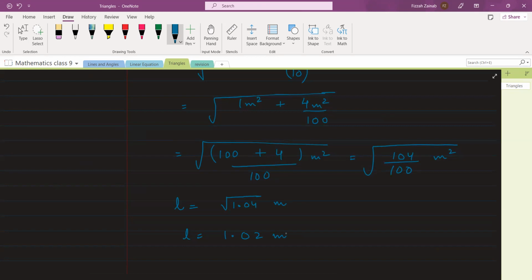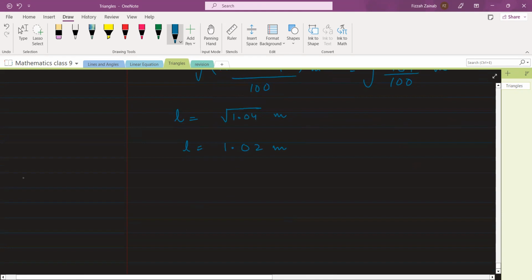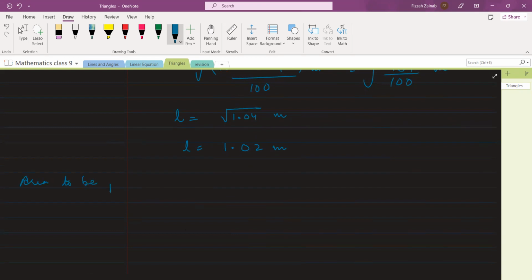All right. So now we can find the curved surface area. l we have got. So area to be painted for one cone, first of all, let us find. So this is equal to curved surface area of cone, which is pi r l.